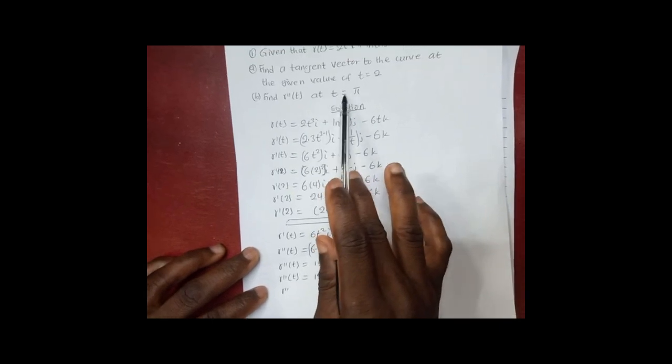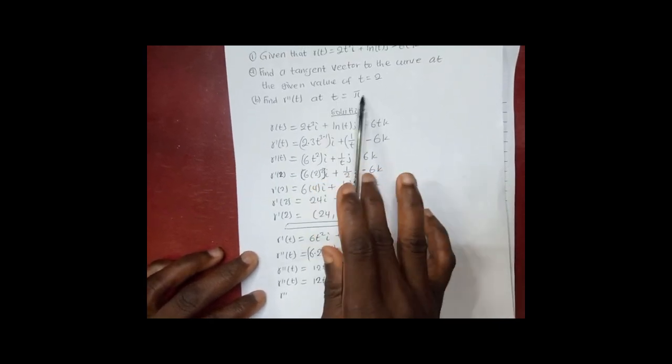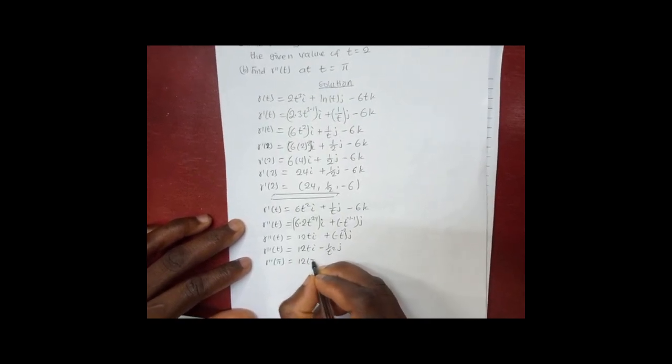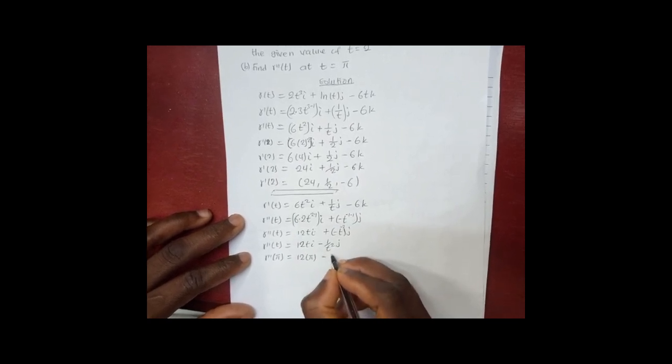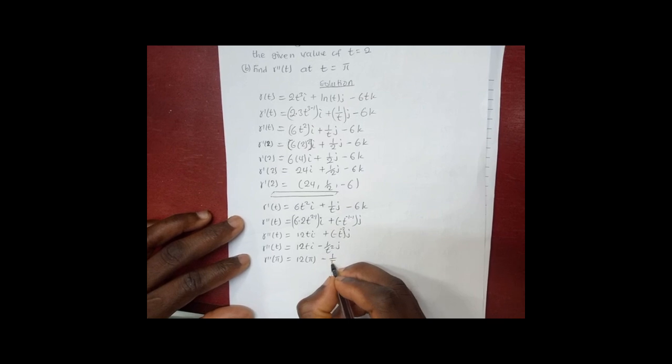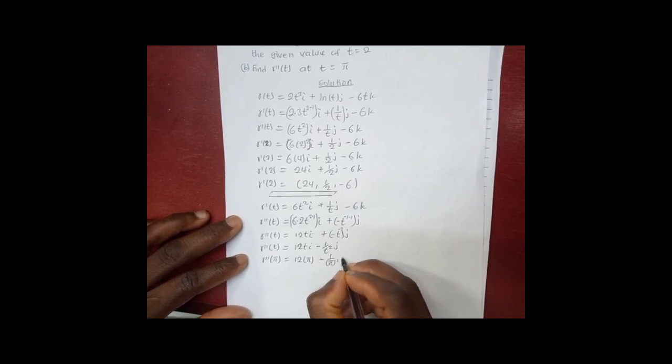But the question says we should find the second derivative at t equal to pi. So we have to do a substitution here. So r prime prime of pi is going to be 12 multiplying with pi minus 1 over pi squared.